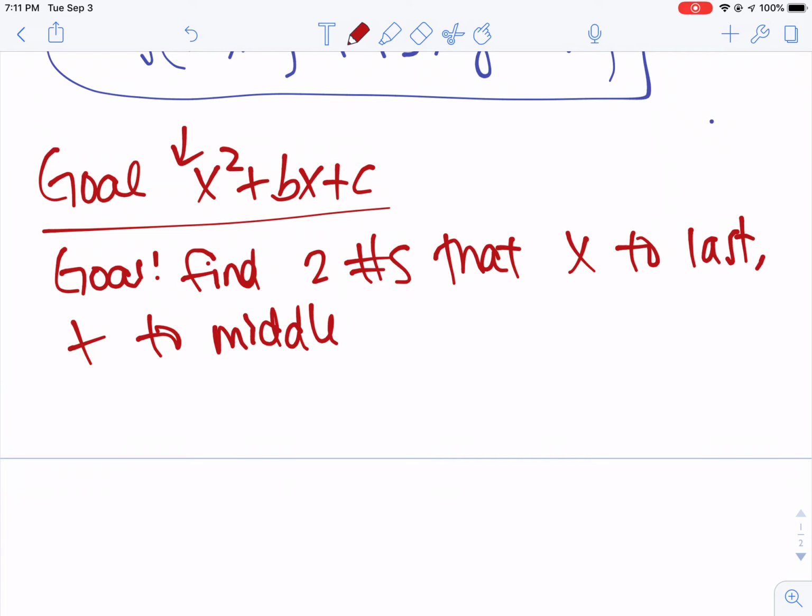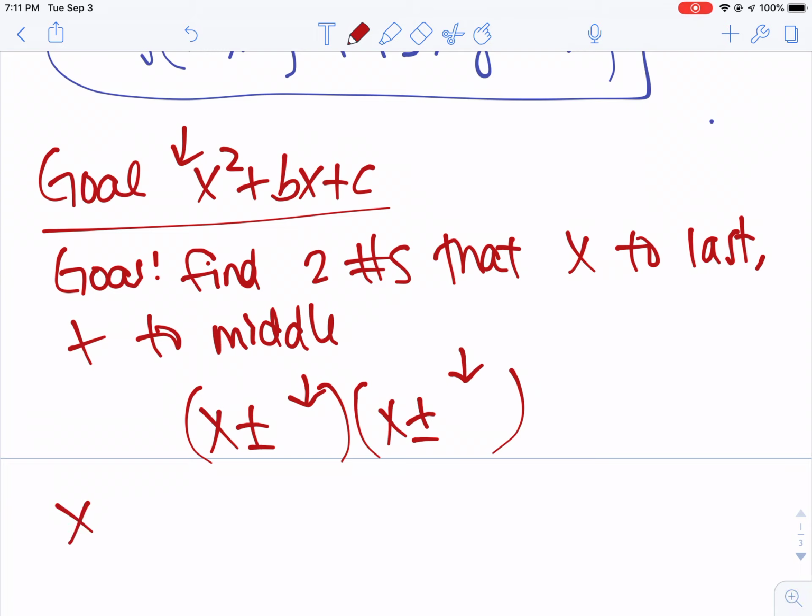And then it's going to factor into x plus or minus, depending on what goes there, and whatever your 2 numbers are going to go here and here. And that's not always a plus or a minus. Like, it's either going to be a plus or it's going to be a minus.